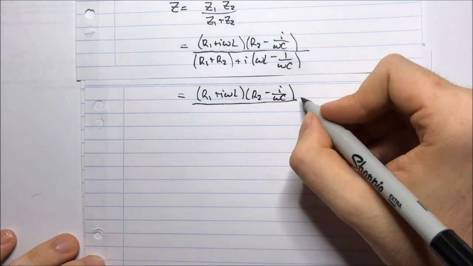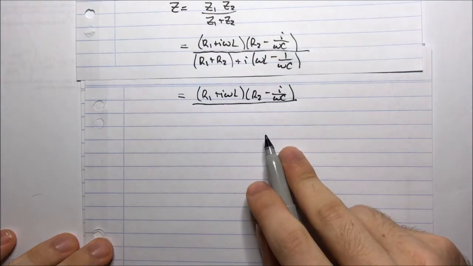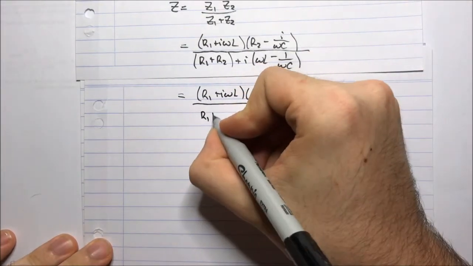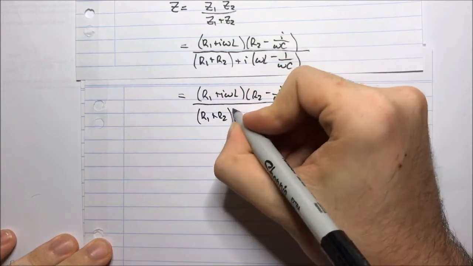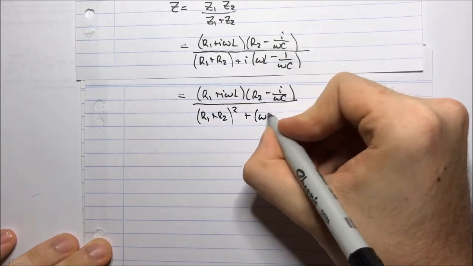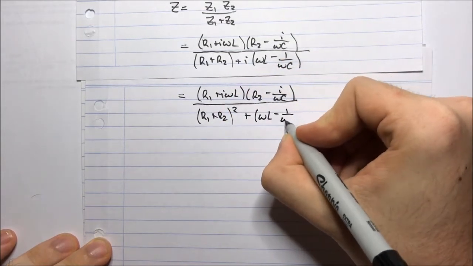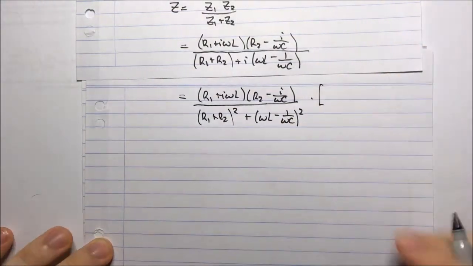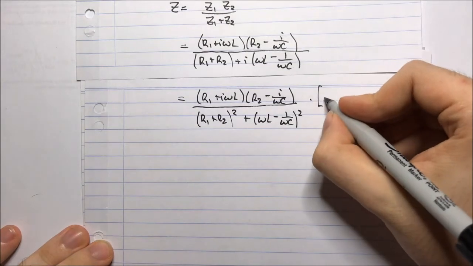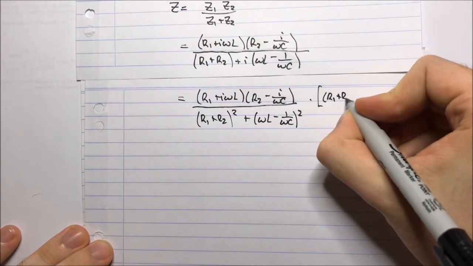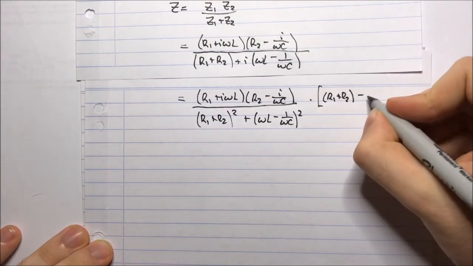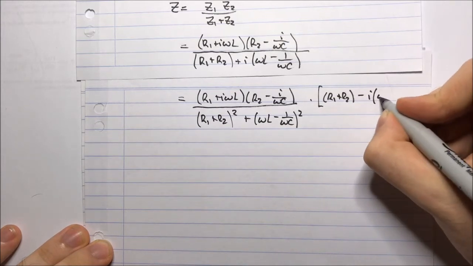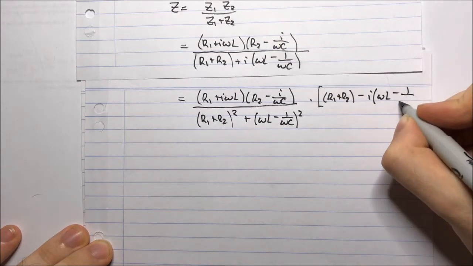So if I multiply the denominator by the conjugate, I'll be left with the real part squared plus the imaginary part squared multiplied by the conjugate, which is R1 plus R2 minus I omega L minus 1 on omega C.